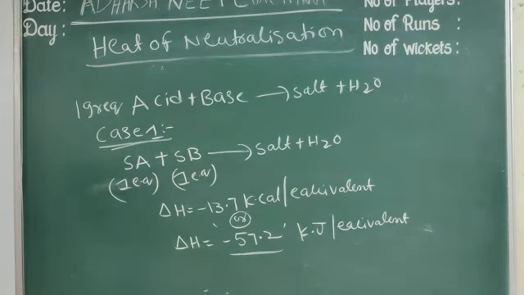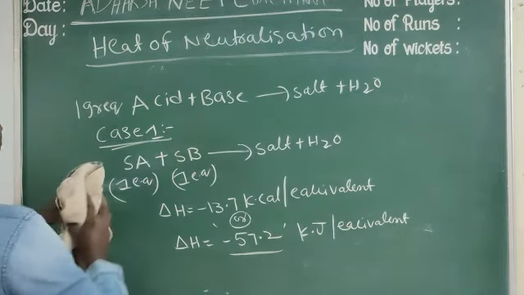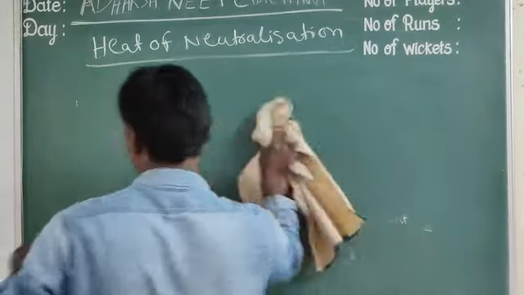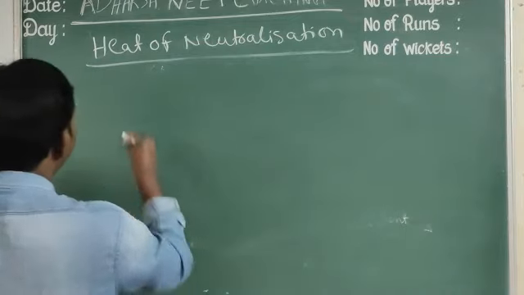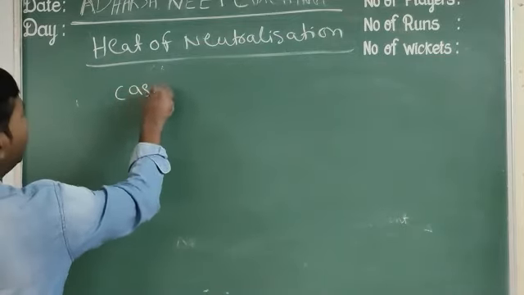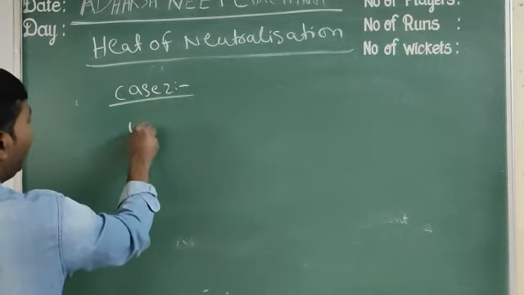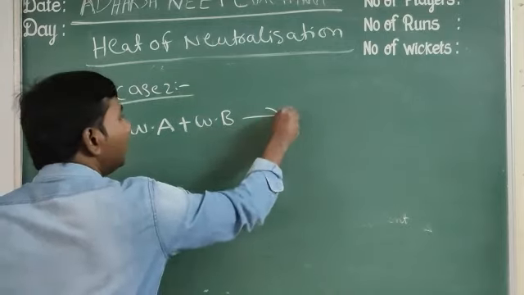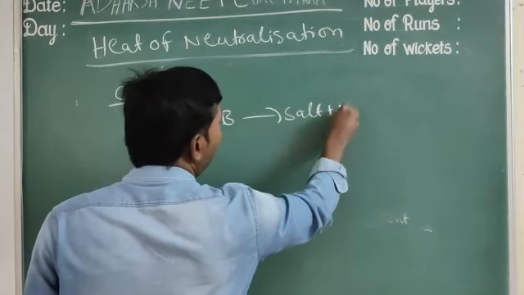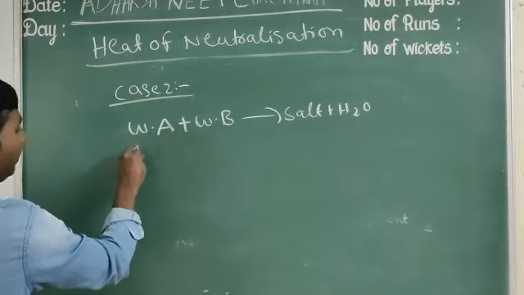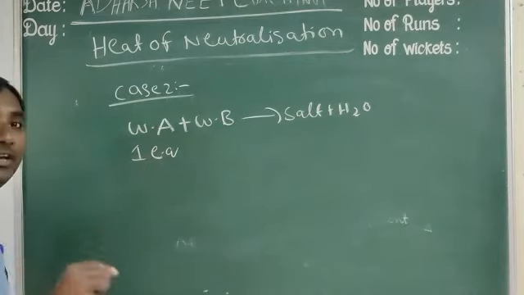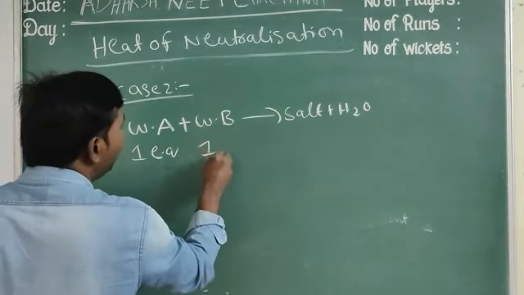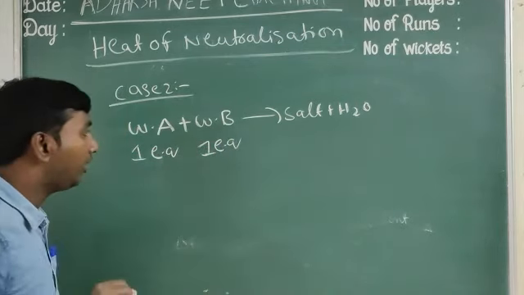Okay. Next, case 2: weak acid, weak base. WA means weak acid, weak base, gives salt plus water. So here one equivalent of weak acid is neutralized with one equivalent of weak base.